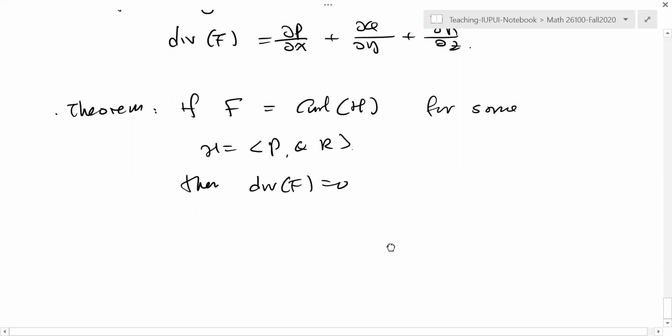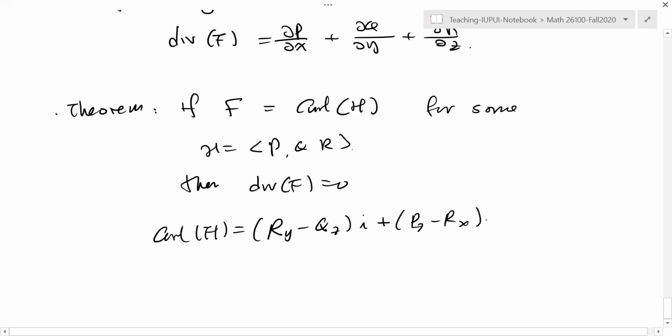The reason is, I just write down the curl of this vector field. The curl of this vector field has 3 components, right? It's (R_y minus Q_z) i plus (P_z minus R_x) j plus (Q_x minus P_y) k.